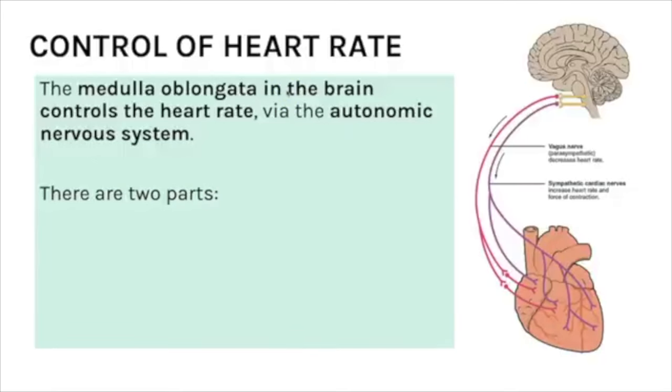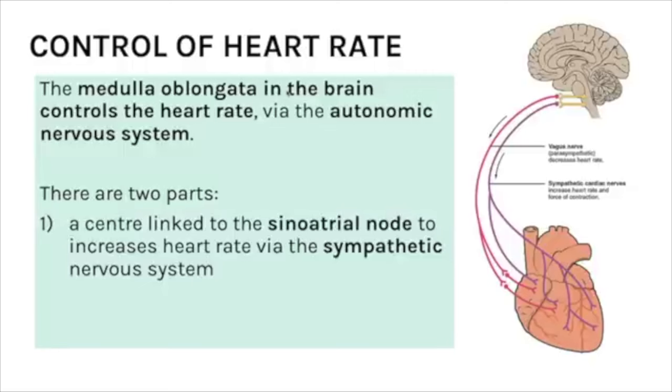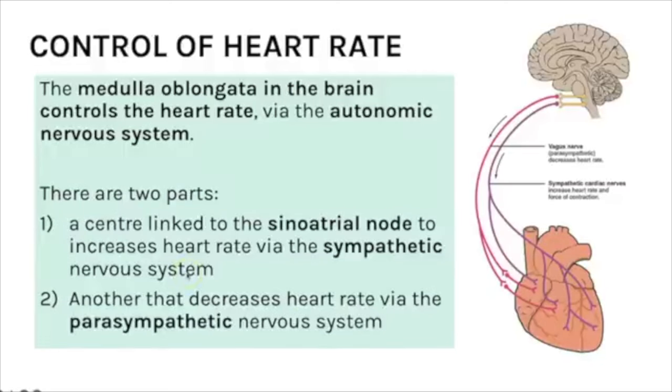So you can't think and control your heart rate. There are two key parts, the sympathetic nervous system and the parasympathetic nervous system. And that's what we're being shown here, these two key routes that the impulses can take connecting the medulla oblongata to the SAN in the heart.